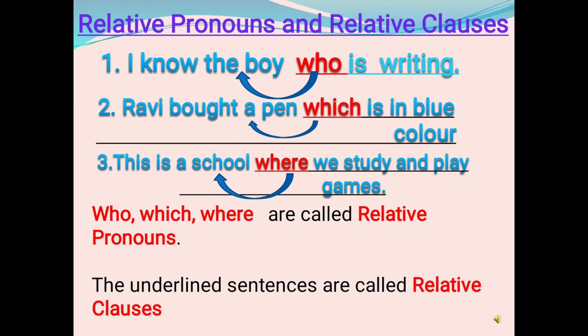These relative clauses do not give full sense without depending on the first sentence. The first sentence is called the main clause and the underlined sentence is called the relative clause because it is related to the main clause.